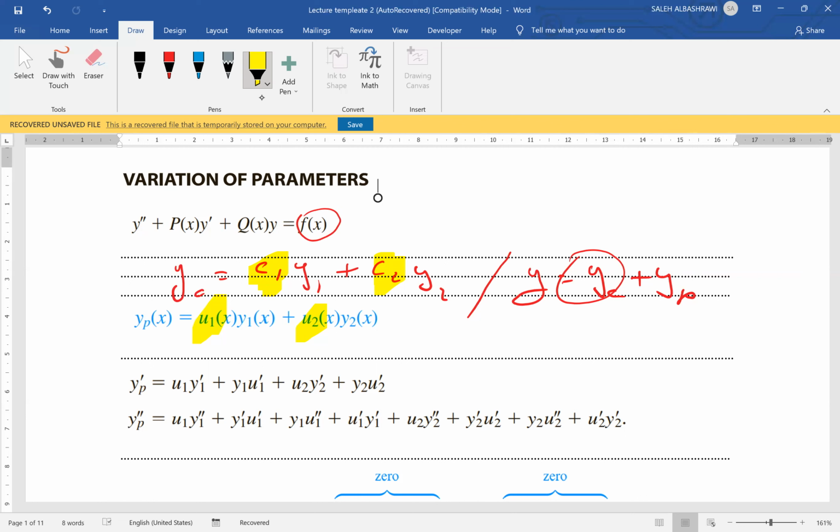So this is the particular solution: yp equals ln absolute value of cosine of x multiplied by cosine of x plus x multiplied by sine of x.